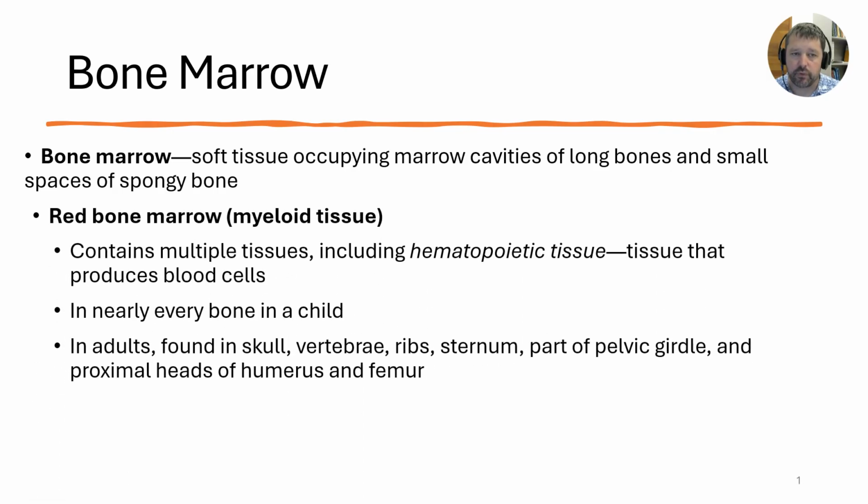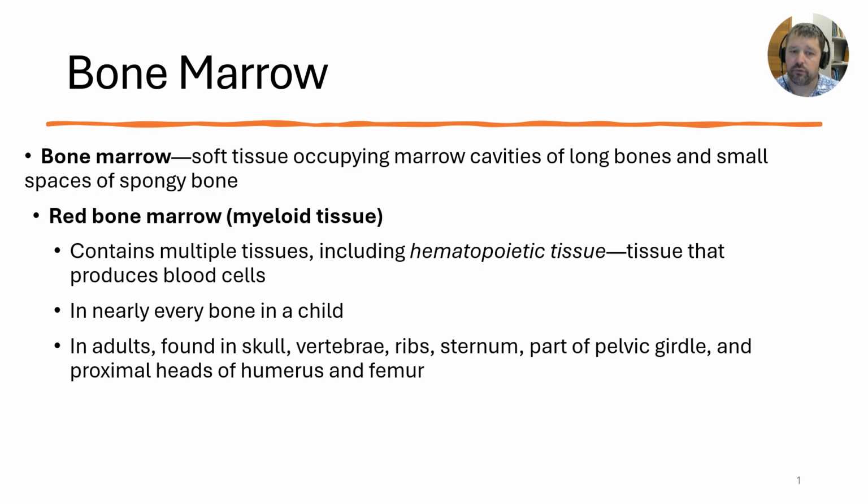Bone marrow comes in two forms: red bone marrow, which we call myeloid tissue. This is a site of blood cell production, so it's hematopoietic tissue, or tissue that produces blood cells. And it's really important at young ages to have lots of this.